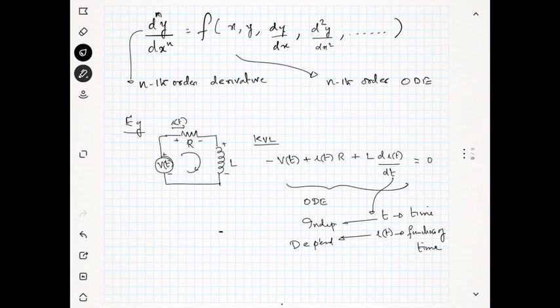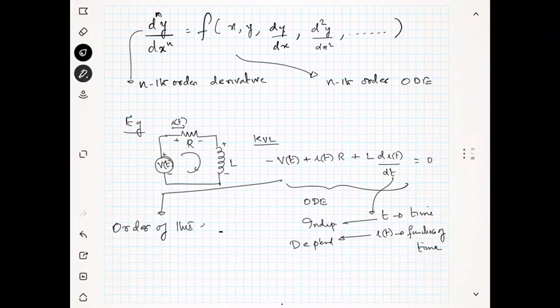So what is the physical meaning of this? Because the current is satisfying a particular equation which contains the differential of the current also.